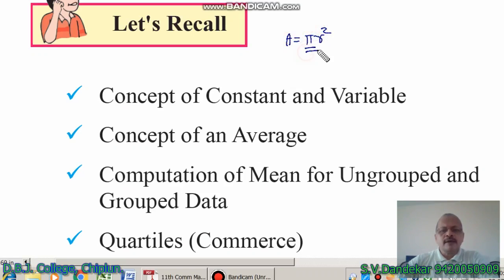Here pi is constant and A and r are variables. That means they change their values according to the situation. For different values of r, different areas are there. In this case, r is variable, pi is constant.